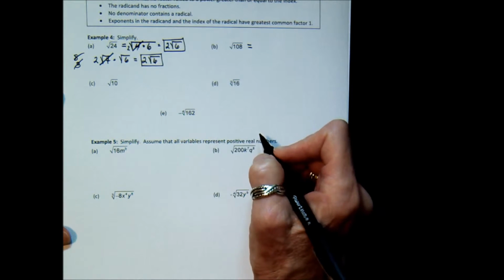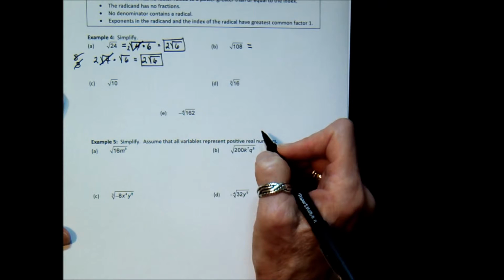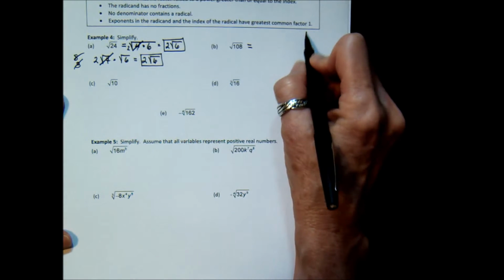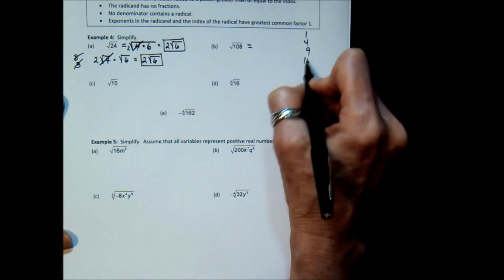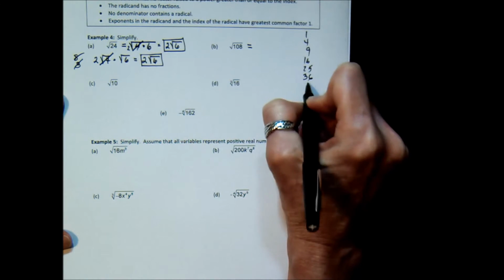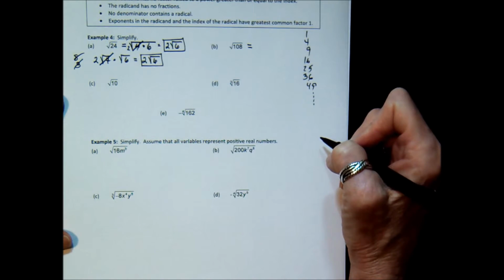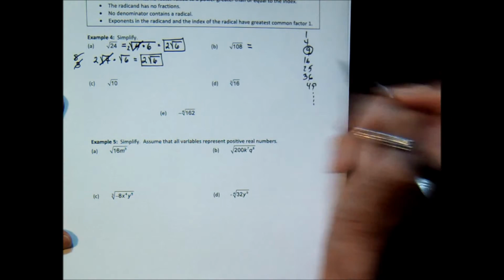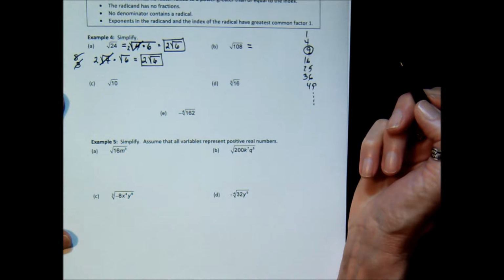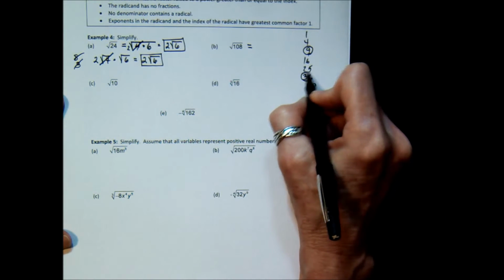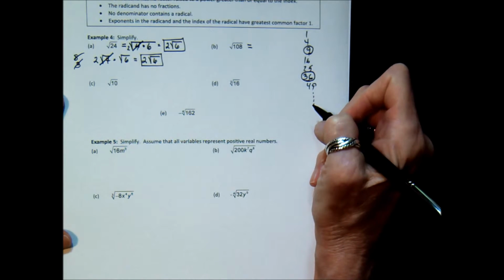You may or may not know what goes into 108. Those perfect squares are 1, 4, 9, 16, 25, 36, 49, etc. Well, the first thing that goes into 108 is 9, so you might think I want to break that into 9 times something. But in this particular case, 36 also goes into 108.